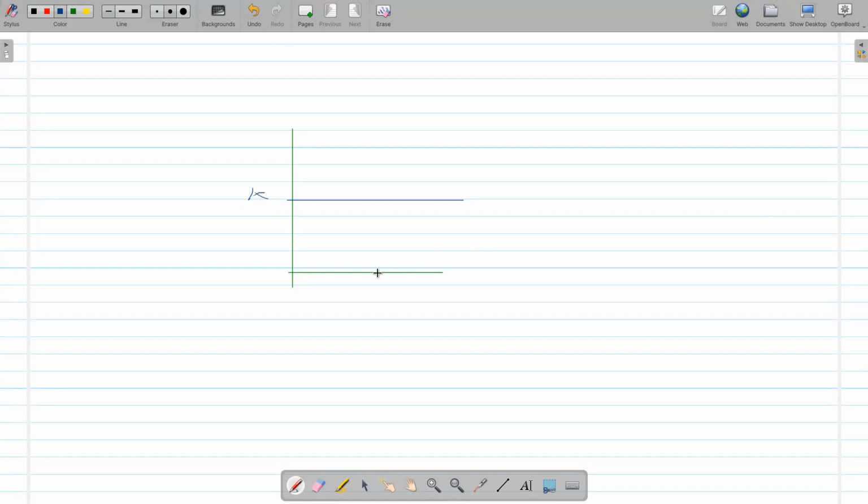Now if we take any point on the x-axis, let's say c, as x approaches c, this value always remains k. So both limits are k, so the two-sided limit is also k. So we can say the limit as x approaches c of f(x) is k. So if there is a constant function, the limit is always constant.